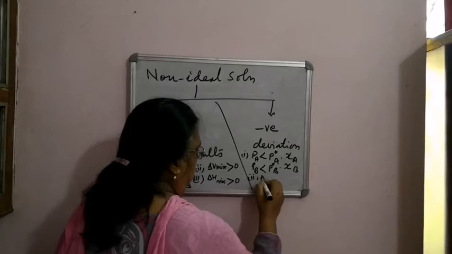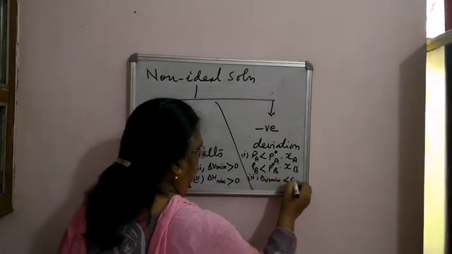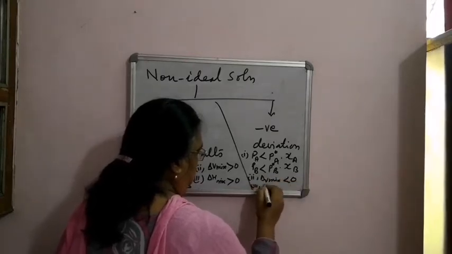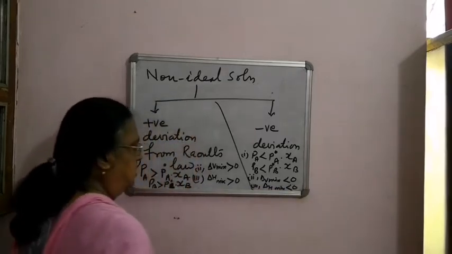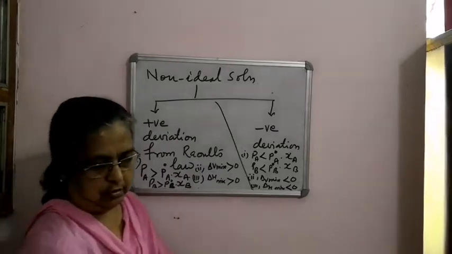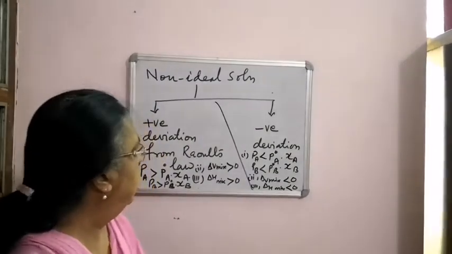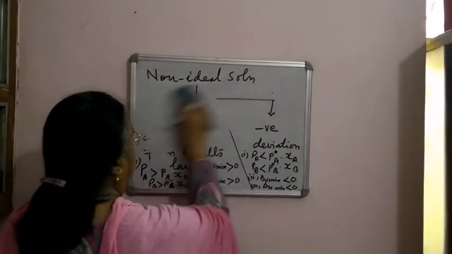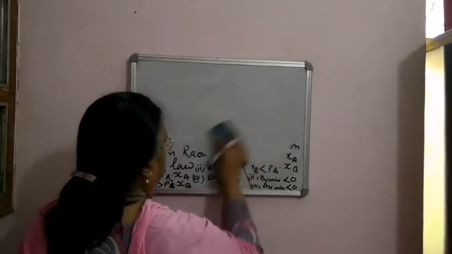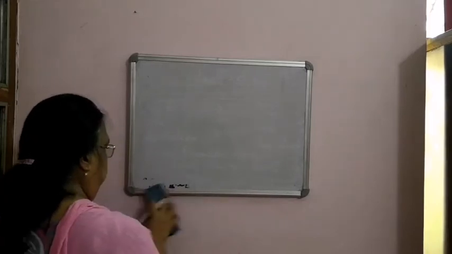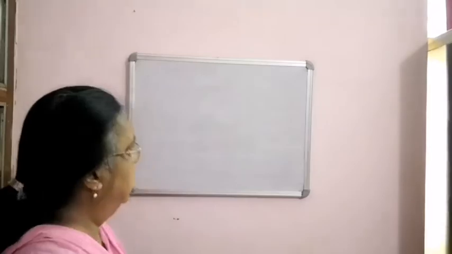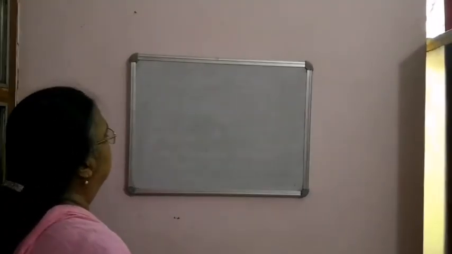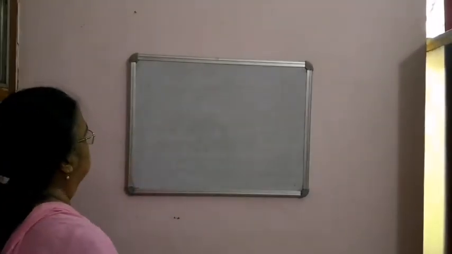Second, delta V mixing will be less than 0, and third, delta H mixing will also be less than 0. So keeping this condition in mind, we'll do the types of non-ideal solution, Px and Tx diagram. Px diagrams are given, Tx diagrams are given, Px diagrams are not given in your book, so see here clearly.